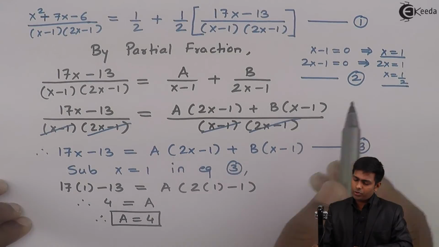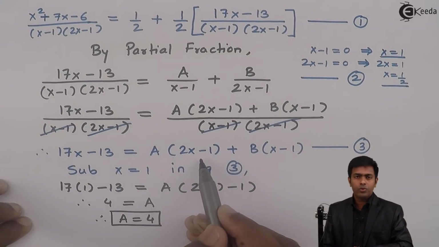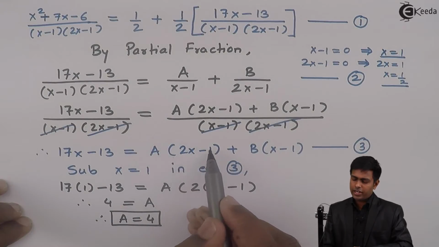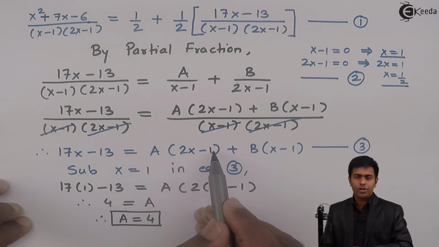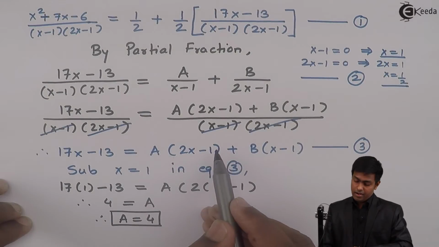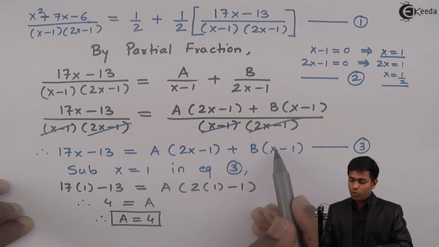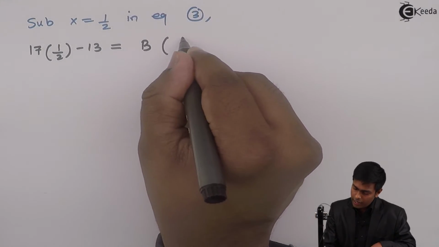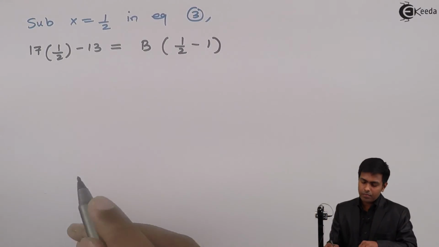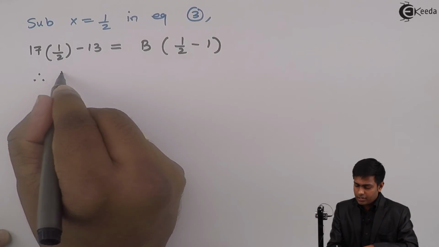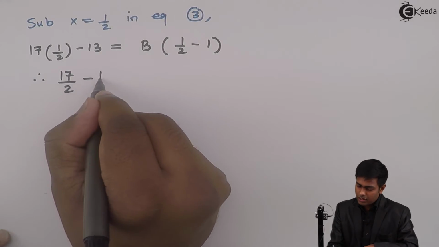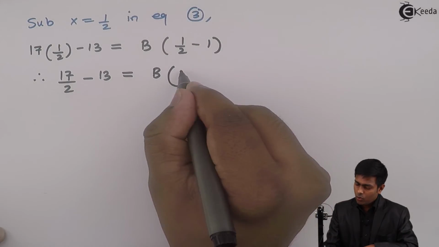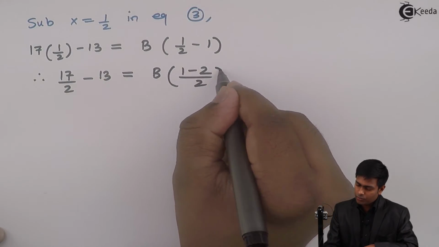So x is 1 by 2. So when we will substitute 1 by 2, that 2 and 2 will be cancelled, we will get 1, and 1 minus 1 is 0. So the first term will become 0. So we won't consider it. For second term we will get b into 1 by 2 minus 1. Now this will give us 17 by 2 minus 13 is equal to, by cross multiplication here we will get 1 minus 2 upon 2.